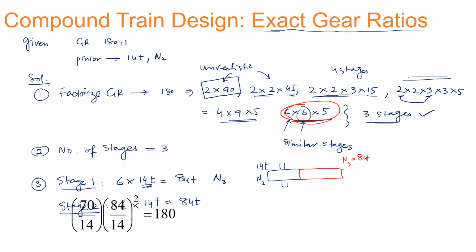This would be a bit bigger. Just to be consistent, that is going to have a shaft over here. On the other side of this shaft, I'm going to have, once again, 14 teeth for N4. Now this is stage number 1.